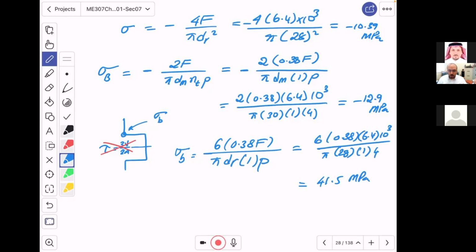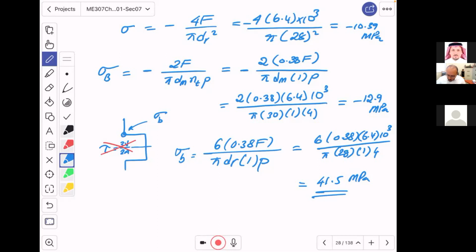As usual, ya shabab, who's the king? Bending. You will always have to be scared of bending, ya shabab. Look, it's 41. The highest stress we got was 12 for bearing stress. Even the torque, the twisting, was 6 point something megapascal.